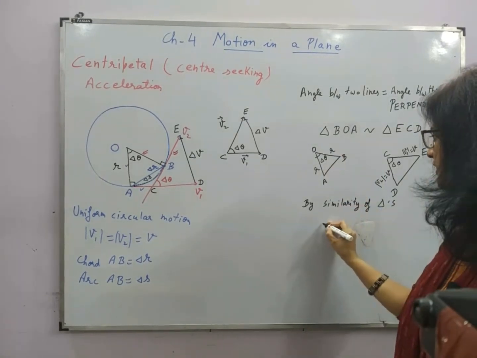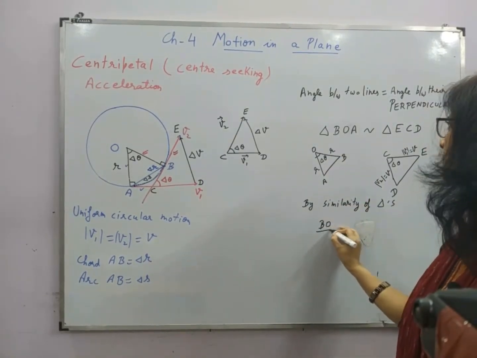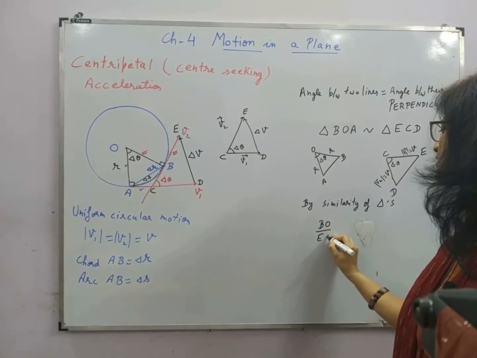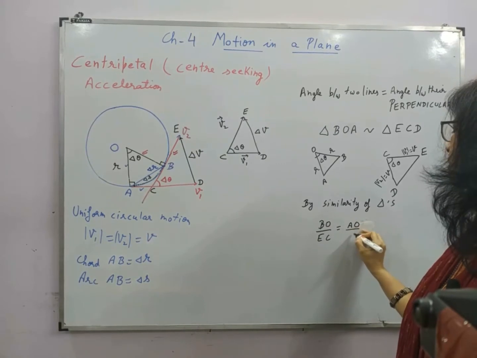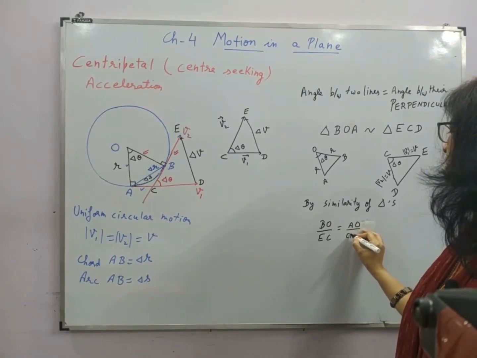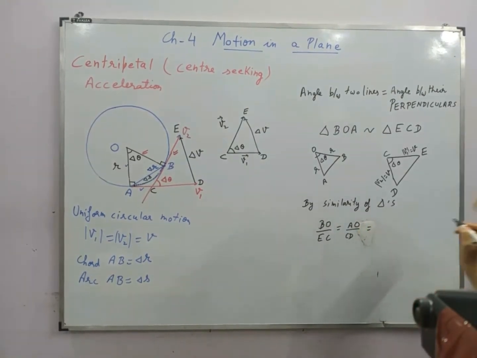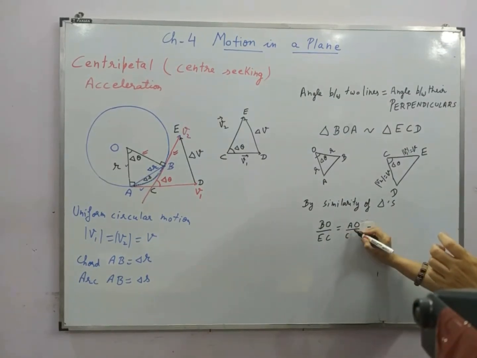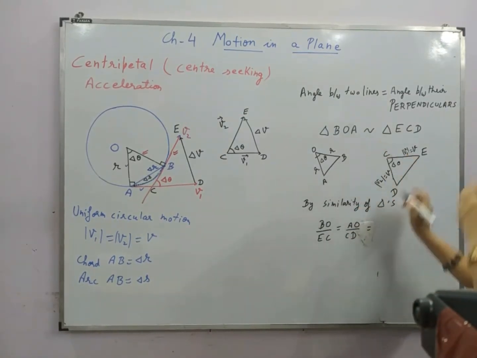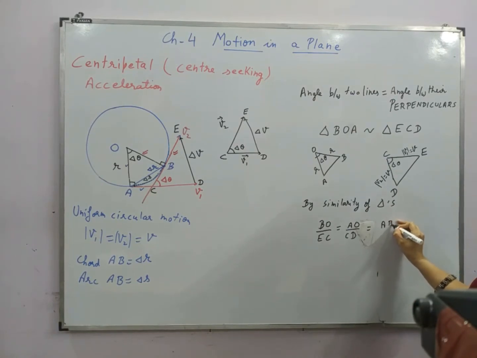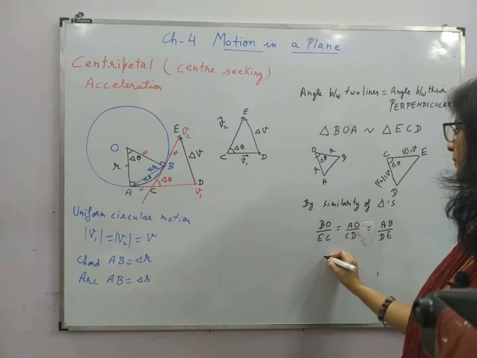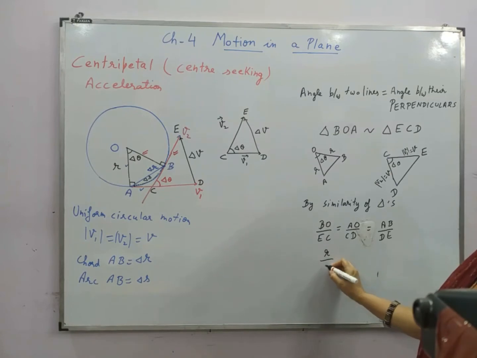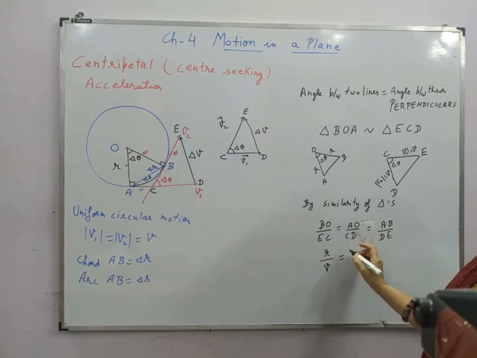So BO upon EC is equal to AO upon CD is equal to AB upon DE. Now how much is BO? BO is R. How much is EC? V. How much is AO?